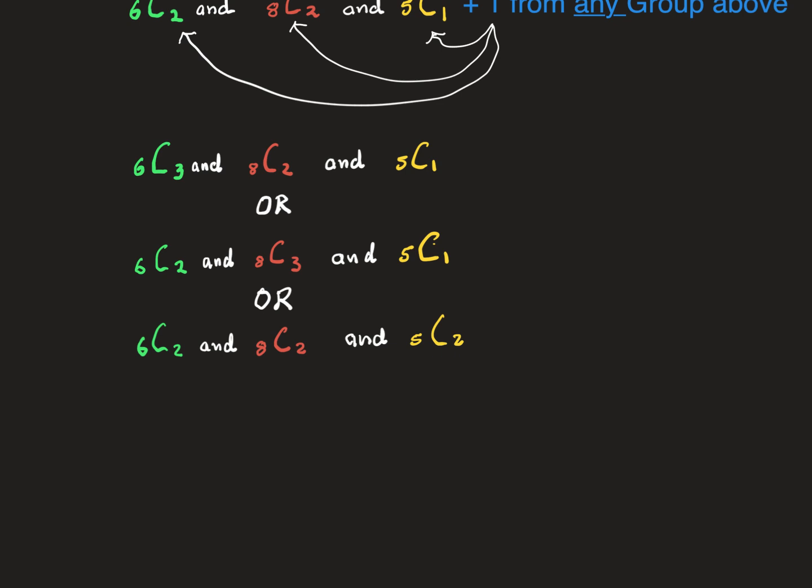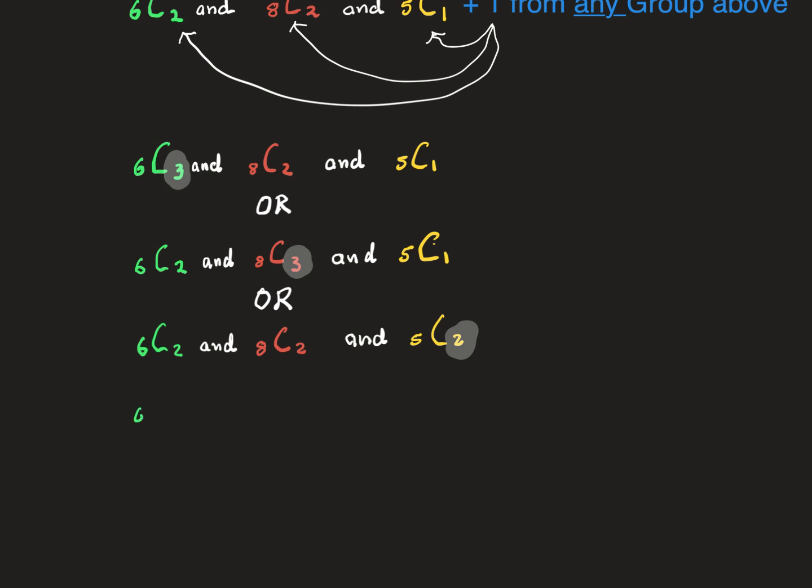So let's just put it all together. You'll notice that the increase in subjects was in this group, and then secondly it was in this group, and thirdly we did an increase in a subject in the last group. Remember that when we've got the word and, it means multiplication, and when we've got the word or, we are going to add.